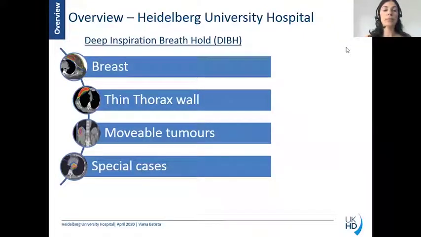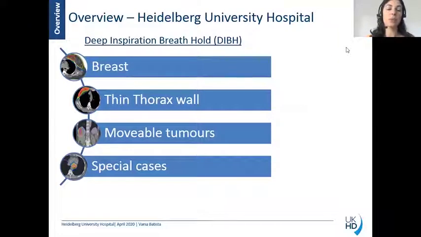Regarding deep inspiration breath hold applications, the main indication, as I said in the beginning, was breast, left breast. But currently we are using it also for right breast, or every kind of breast where you have a simultaneous integrated boost, when you have a highly modulated VMAT plan and need to increase the robustness of your treatment.